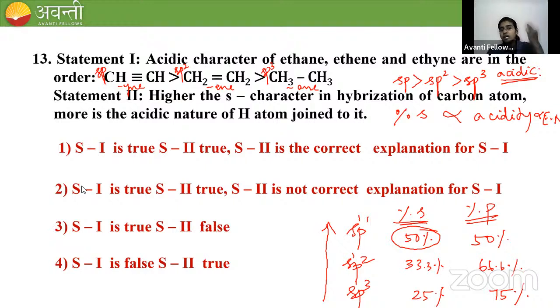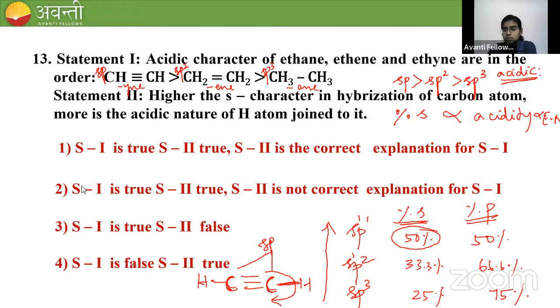In ethyne, these two carbons are sp hybridized, which means these two carbons are more electronegative. What is meant by electronegativity? The tendency of an atom to attract the shared pair of electrons towards itself is called electronegativity. Since these carbons are more electronegative, they will try to keep the shared pair of electrons towards themselves.